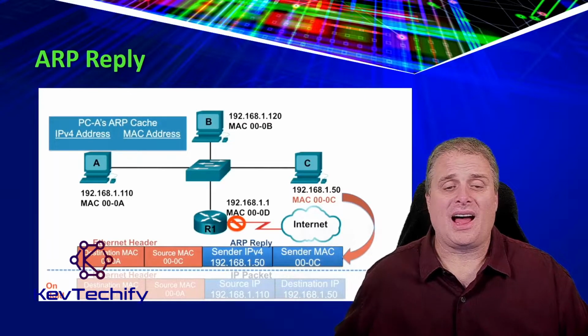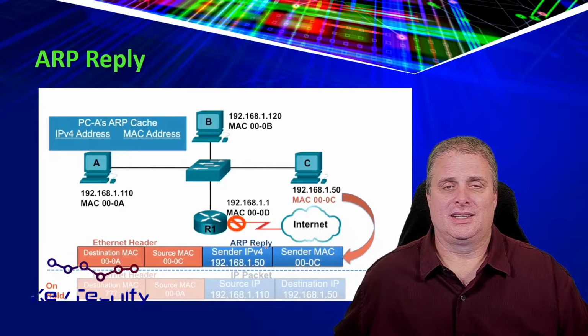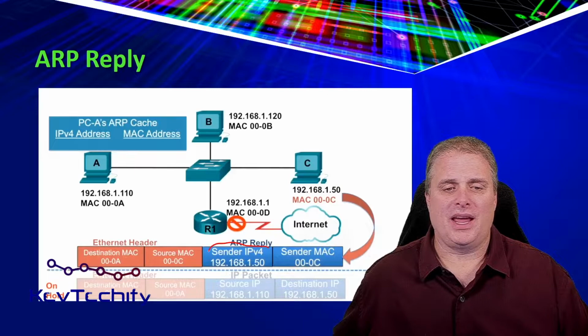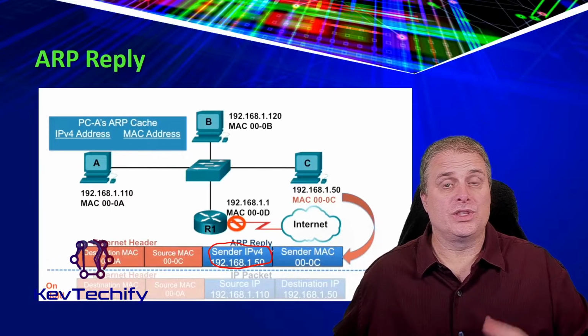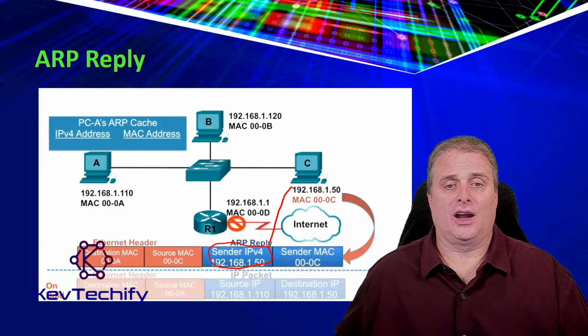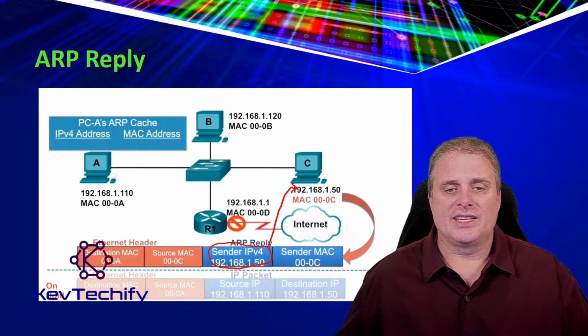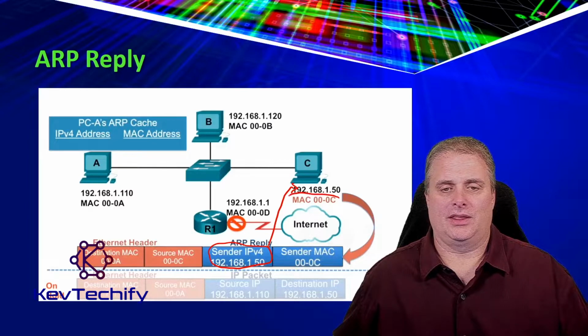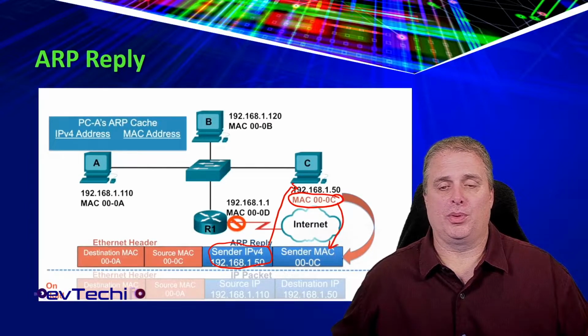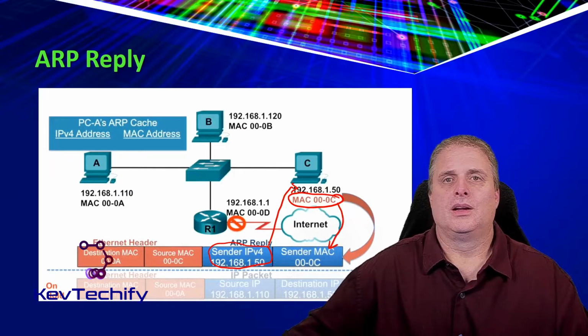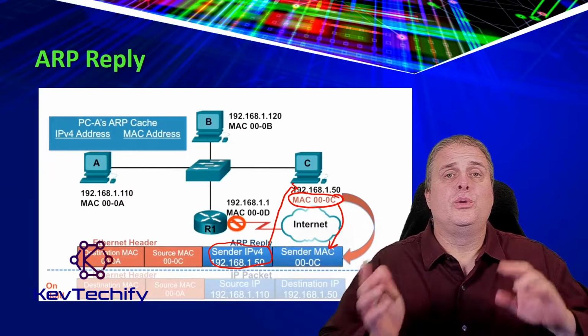In the ARP reply, the sender's IP address is the IP address of PCC because that's who is sending the ARP reply. And it also includes its own MAC address at this point in time, so the sender's MAC address of the ARP reply. This gets sent to PCA.